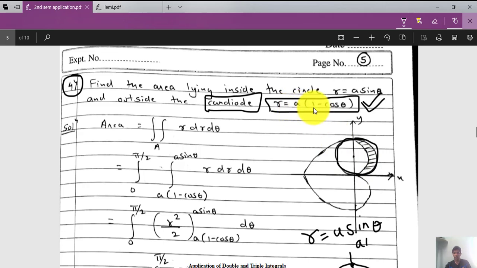So r is equal to a times 1 plus cos theta, and r is equal to a times 1 minus cos theta. And the other cardioids are r is equal to a times 1 plus or minus sin theta.